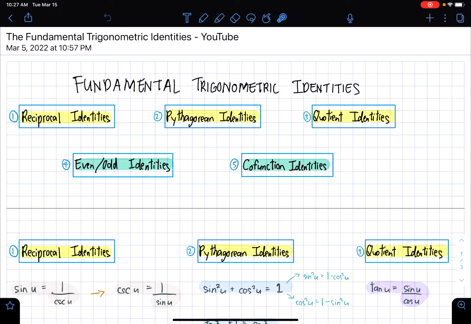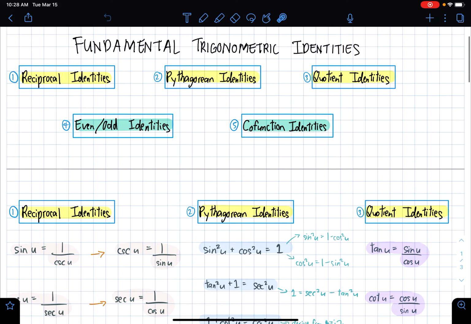Let's start now. So basically, we have 5 trigonometric identity types. We have reciprocal identities, Pythagorean identities, quotient identities, even or odd identities, and co-function identities. As you can see, the highlight colors of luminescent yellow, these 3 identities will be scrutinized in this video.